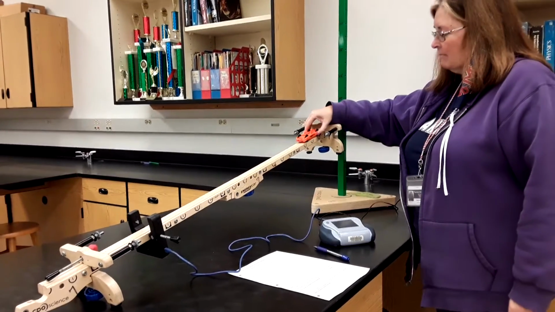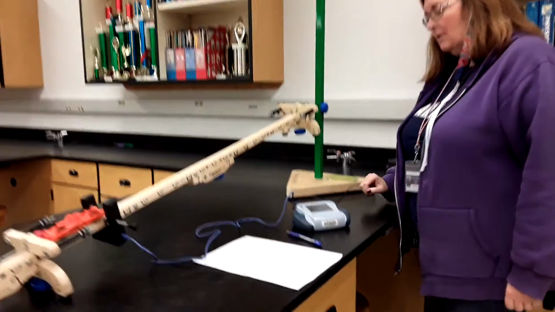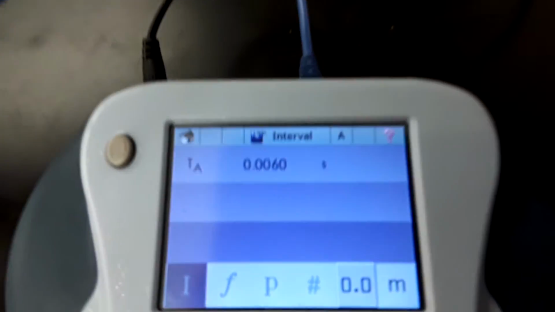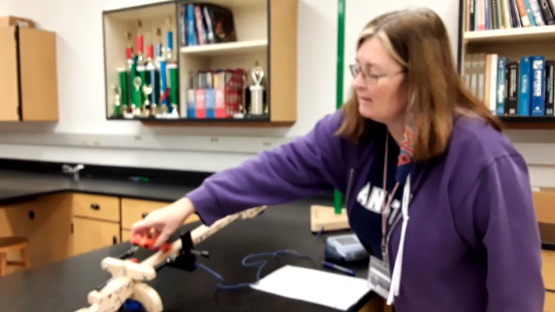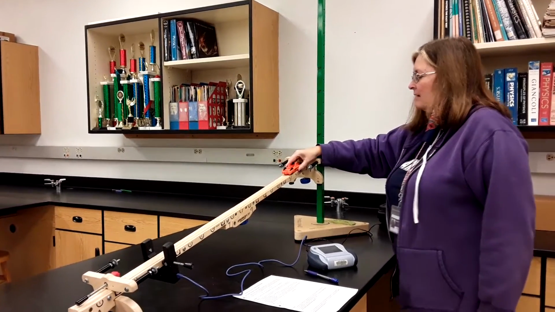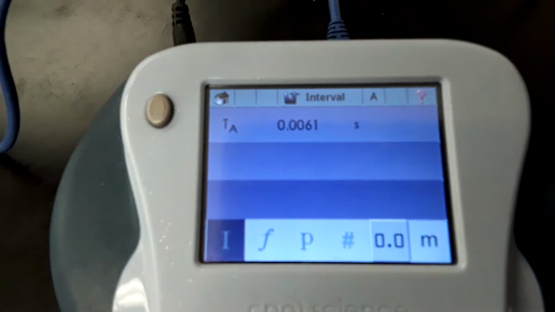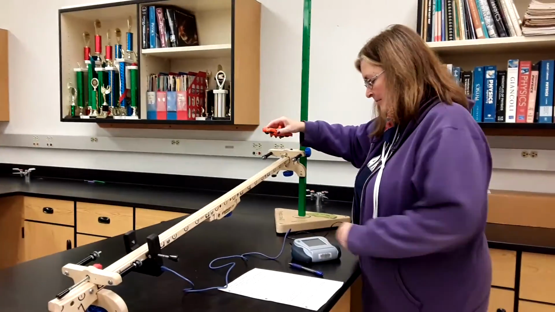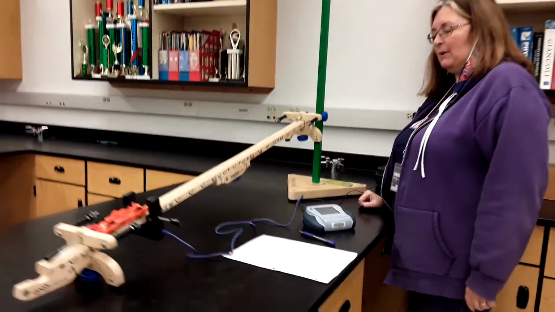The first time for 10 degrees. Well, you can even tell that went a lot slower, which means it took more time to go through the beam. All right, and here's the second. Okay, and the final time. Boom.